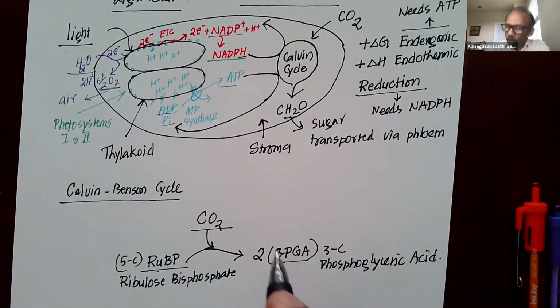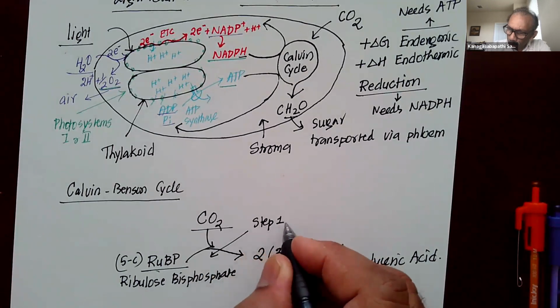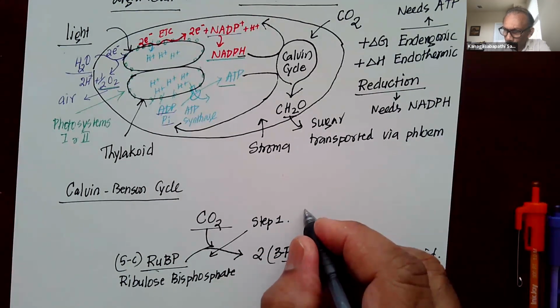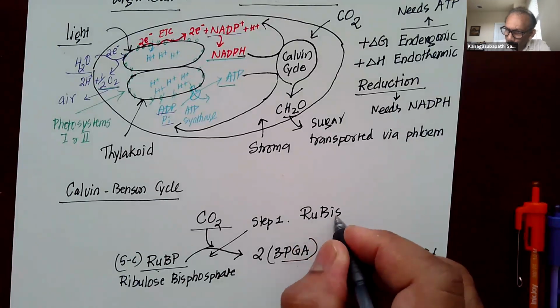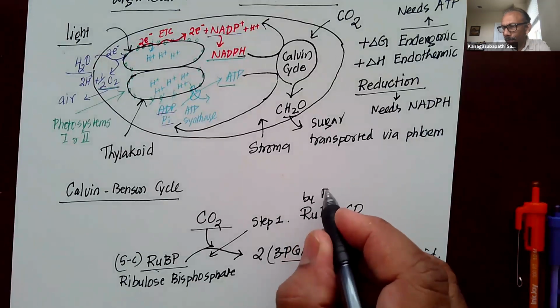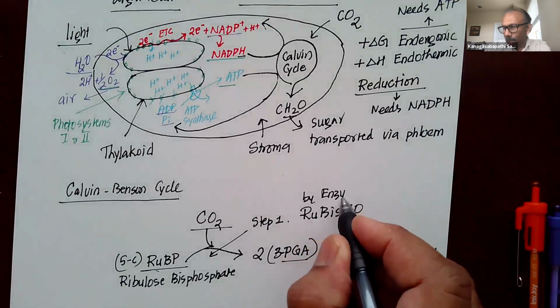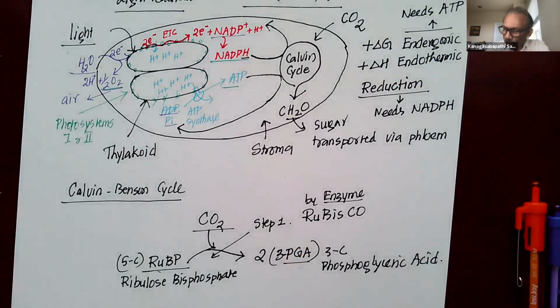Okay, so this step is the most important step and the key regulatory step, and it's catalyzed by the enzyme Rubisco. Okay. So the enzyme Rubisco is an important enzyme, and we will talk about it next after I complete this cycle.